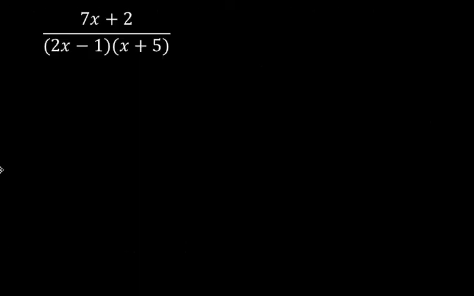So our first example is all factored for us. We see it's degree 1 over degree 2. It is proper and it's all factored. So there's step 1 and step 2. Now, how do we set up the decomposition?